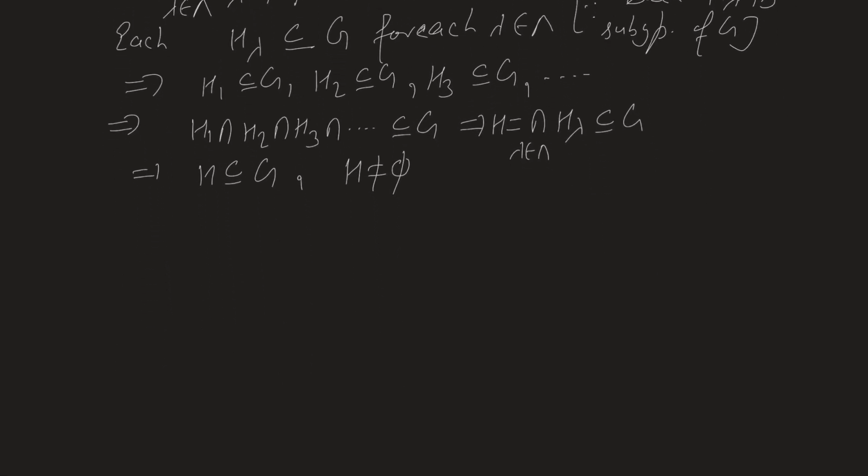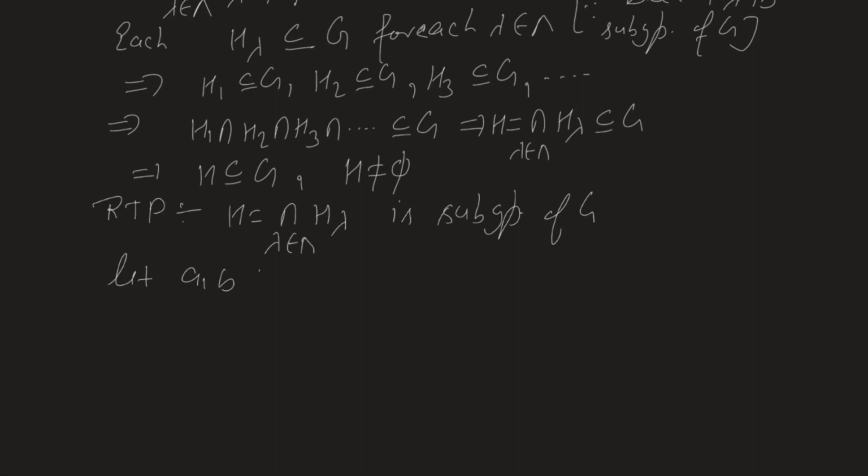Next we have to prove that H, which is equal to the intersection of H lambda, lambda belonging to capital lambda, the indexing set, is a subgroup of G. For the same, let A, B belong to H, the intersection of H lambda.